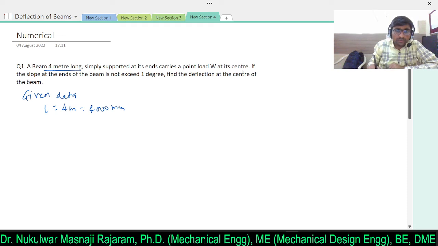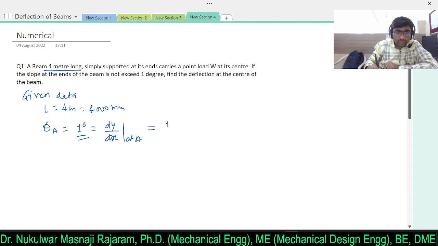There is a point load W at the center. Slope at the end of the beam does not exceed 1 degree, so I can write that 1 degree slope is there, which is also called dy by dx at A. However, it is given in degrees, and what we observe in our numerical derivation is in radians.